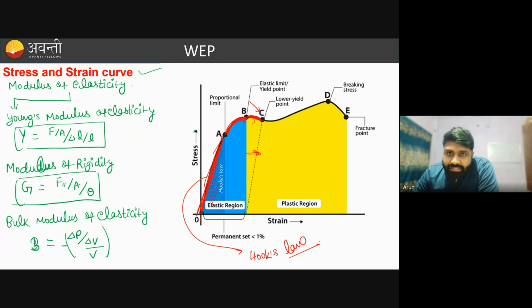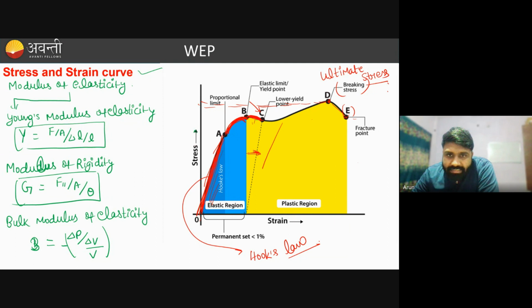Now, from point C to point D, this point D is the maximum value of stress that a particular material can bear, and this stress is termed as breaking stress, or sometimes it is called ultimate stress, which means it is the maximum stress that a material can bear. After that, when we achieve the ultimate stress, there is a drop in stress, and this point E is termed as the fracture point. Got it?